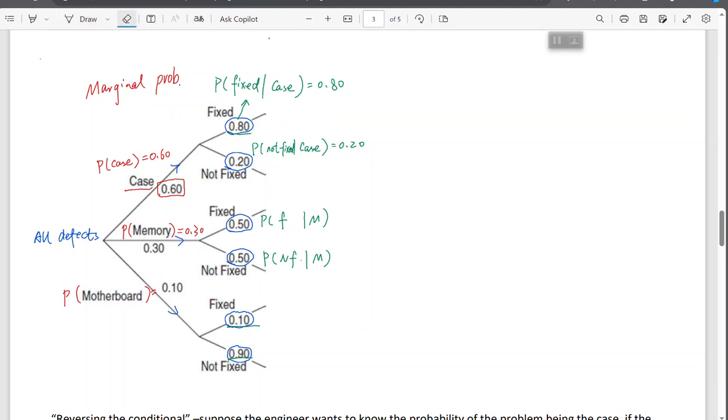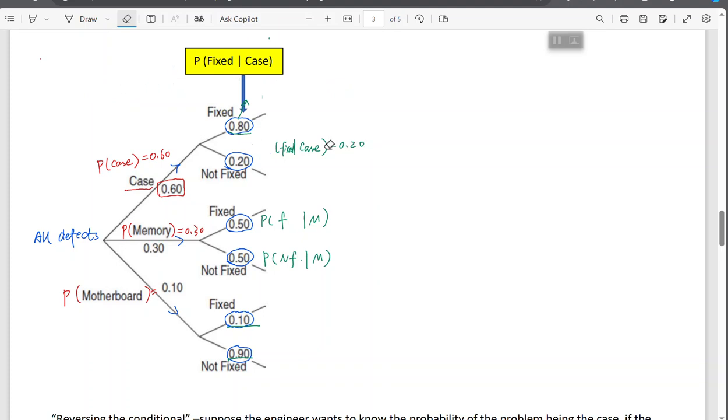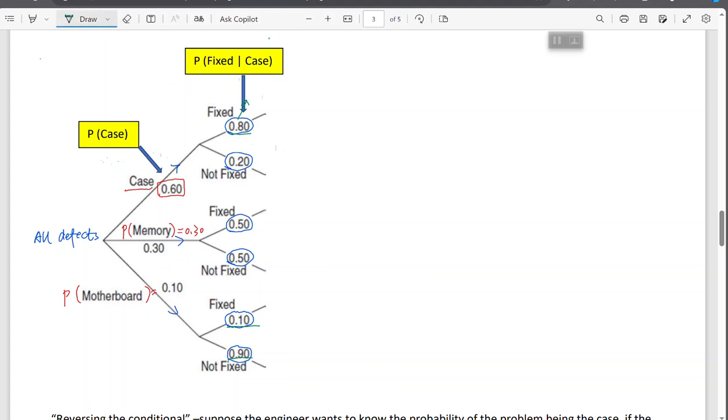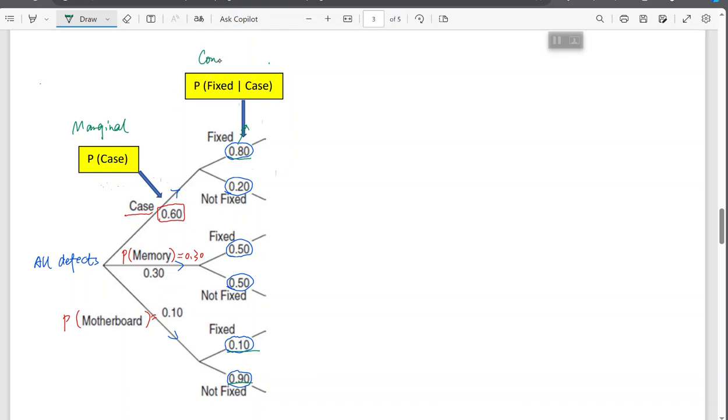So for the second step in the probability tree, they are all conditional probabilities. Once we understand that, we say the first step, we have the marginal probabilities. The second step, we have the conditional probabilities.